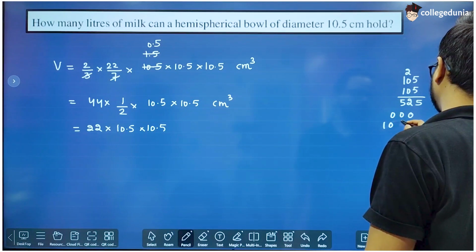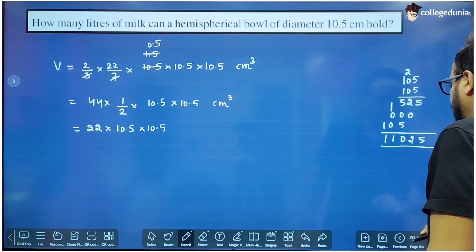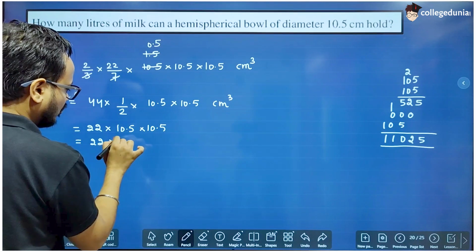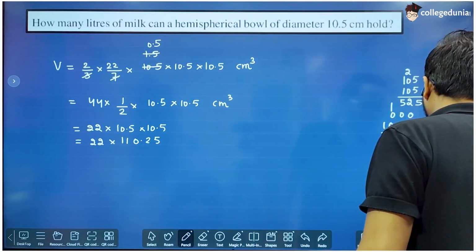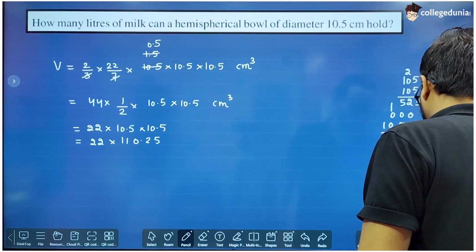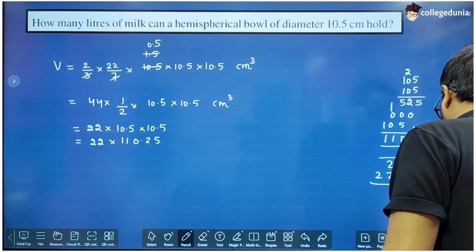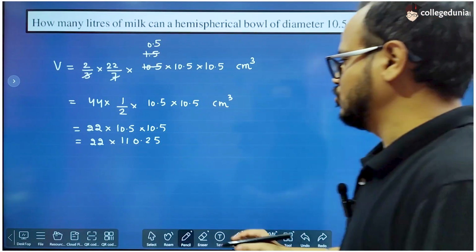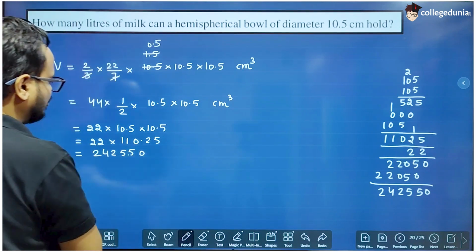105 into 105, 11025, that is the square of 105. So 22 into 11025 into 22 gives 24255.